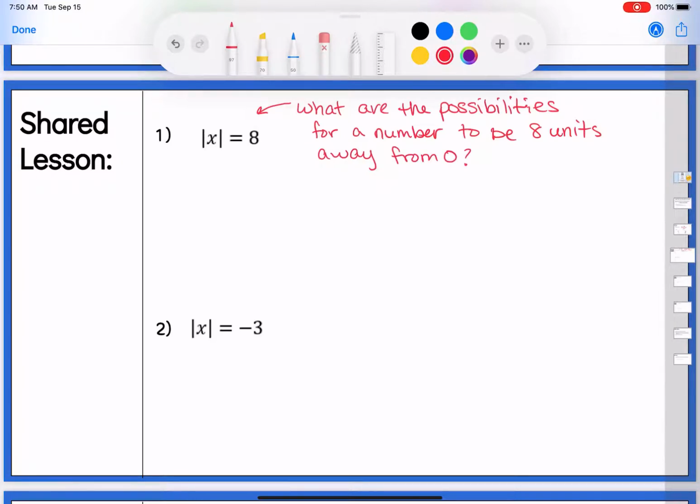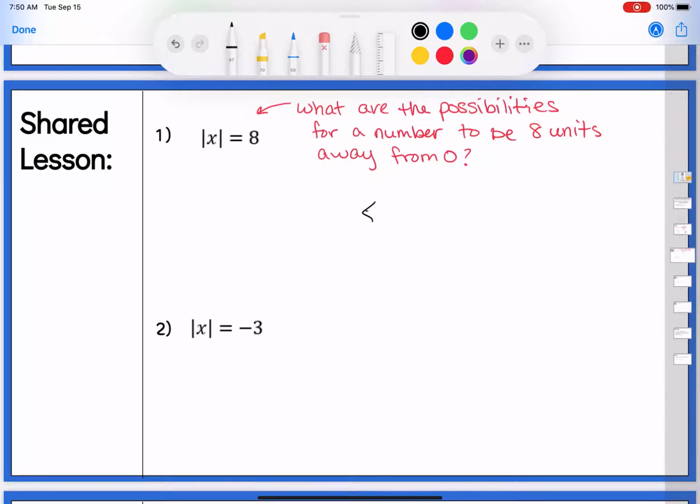Now that seems like a crazy way to look at that very simple equation, but that's really what that absolute value is representing. So what could I put inside the absolute value that would be 8 units away from zero?